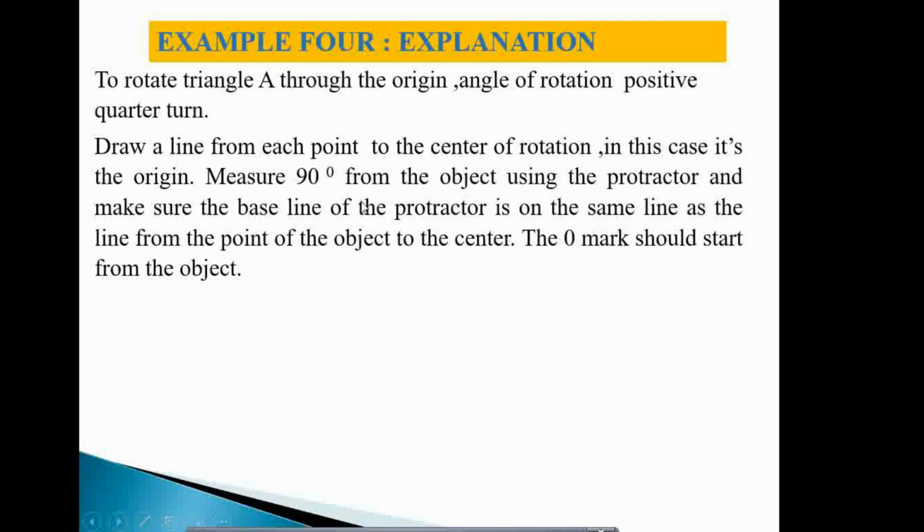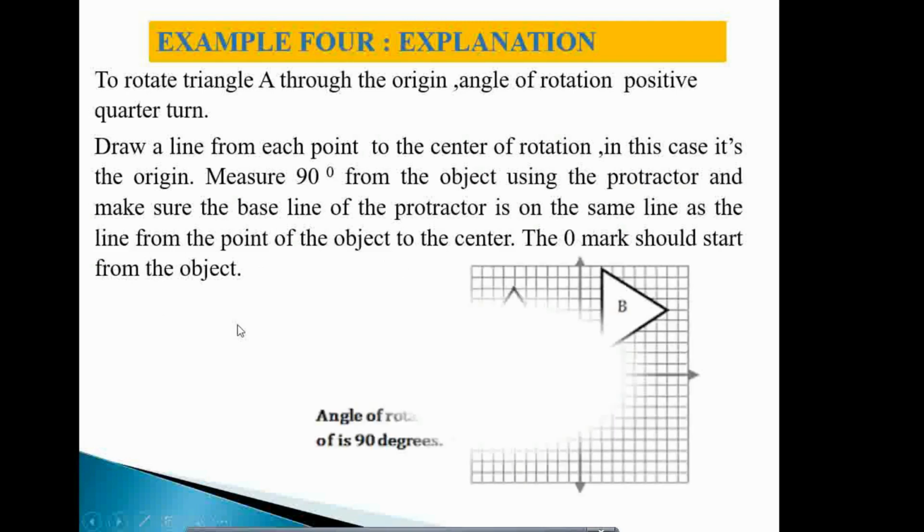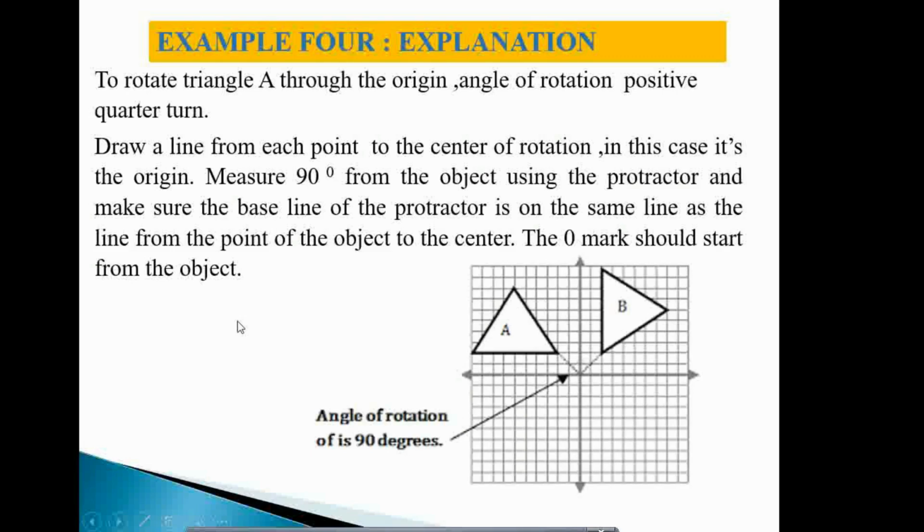Then measure 90 degrees from the object using a protractor, and make sure that the baseline of the protractor is on the same line as the line from the point of the object to the center. Then you have to ensure that the zero mark starts from the object. As you can see here, we have an angle of rotation which is 90 degrees.